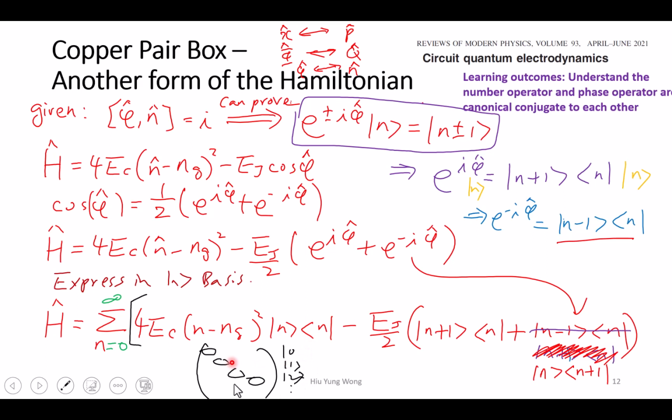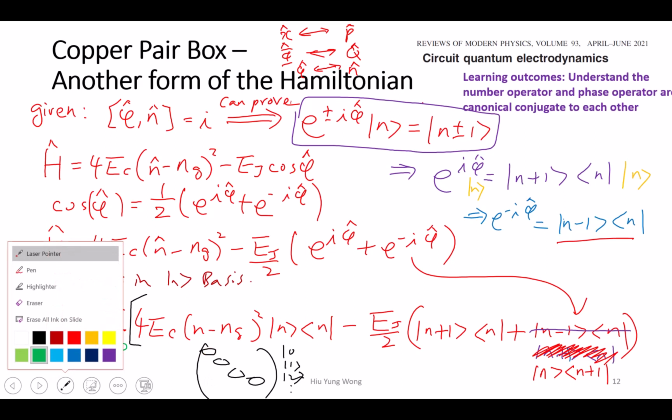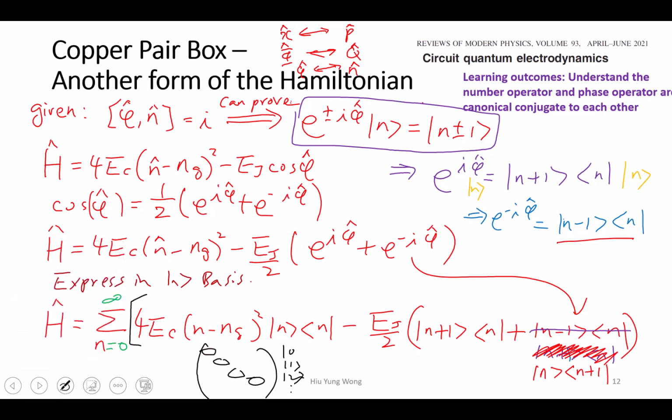Last time when I wrote it, what I mean is it has some index here. For example, when this is 2, it means this is 4EC times 2 minus NG squared, for the 2, 2 entry. Do you see that? It's diagonal, and then you have some off-diagonal term along here, which is EJ divided by 2.